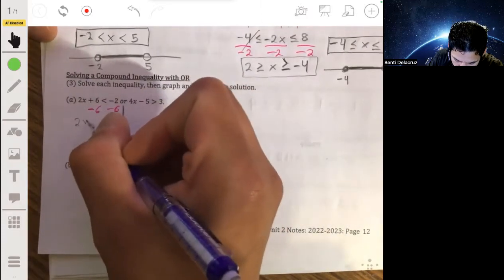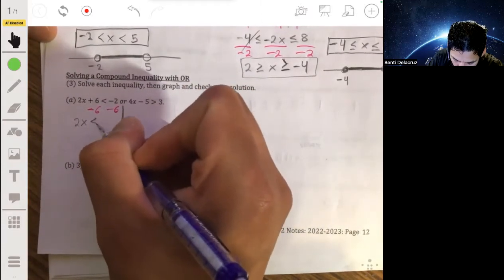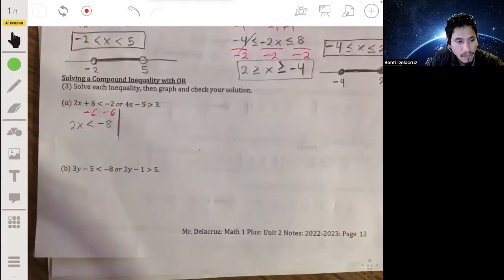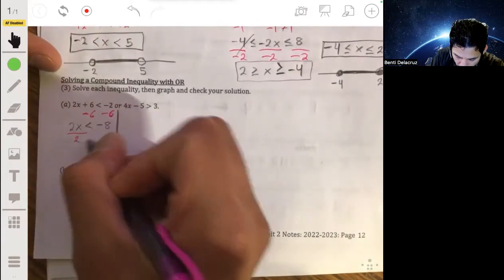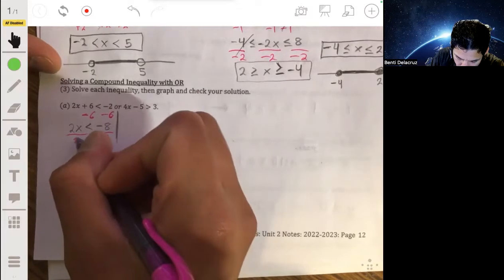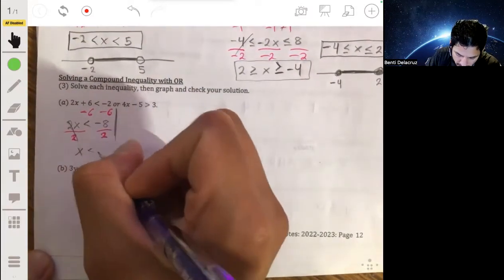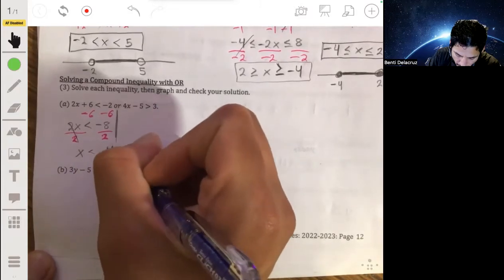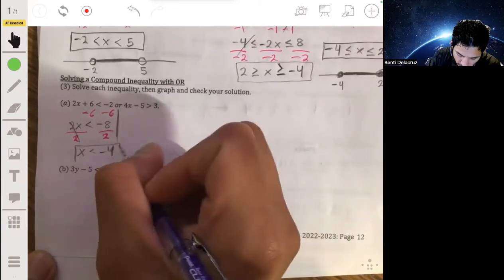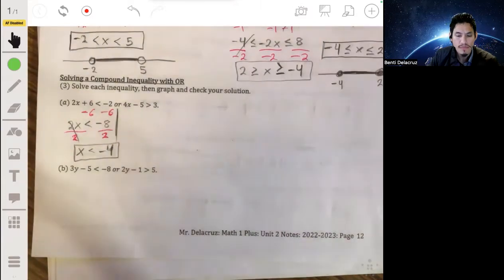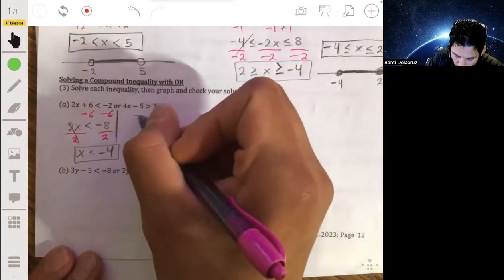We get 2x is less than -8, divided by 2. We get x is less than -4. That's that first part. And then we solve this one.